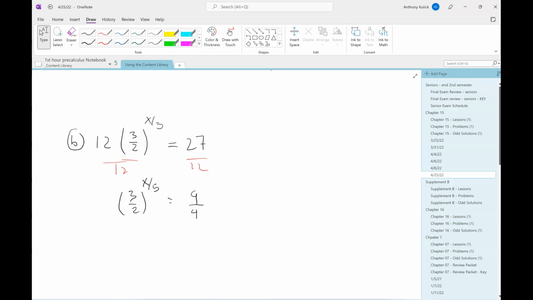All right. So the next step, now that I have the exponential by itself on the left-hand side, is I want to make the bases match. The base on the left is 3 over 2. The base on the right is 9/4. Do you guys see a relationship between 3 over 2 and 9 over 4?